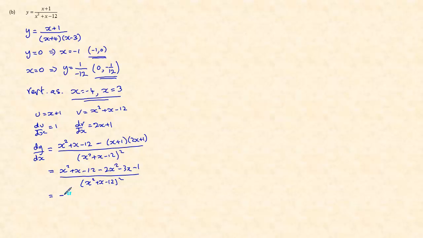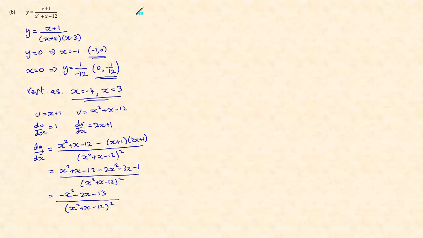So the top gives me negative x squared minus 2x, take away 13, all over x squared plus x minus 12 all squared.